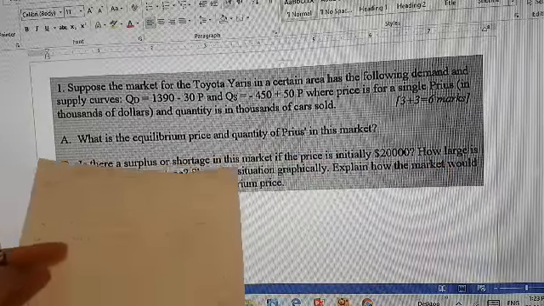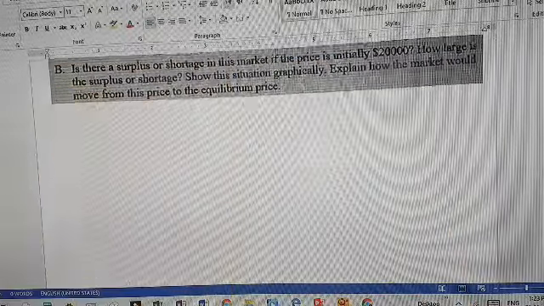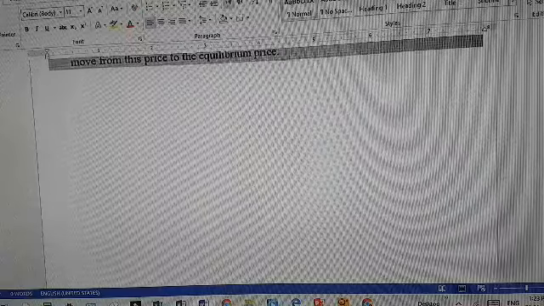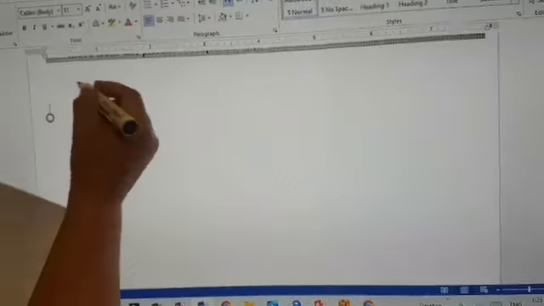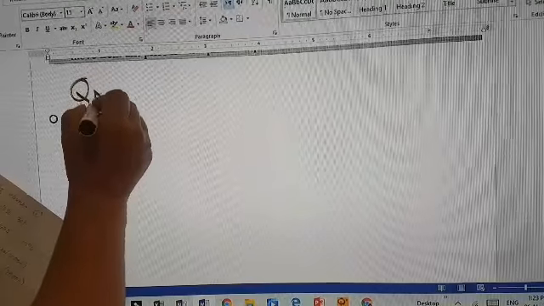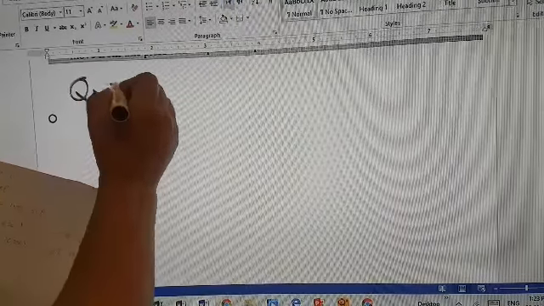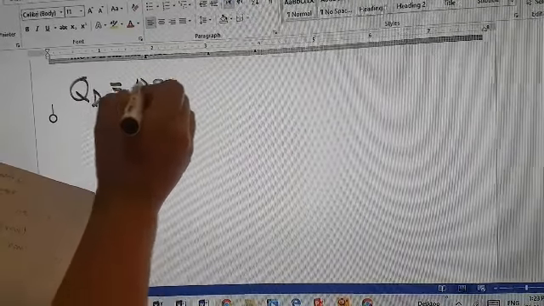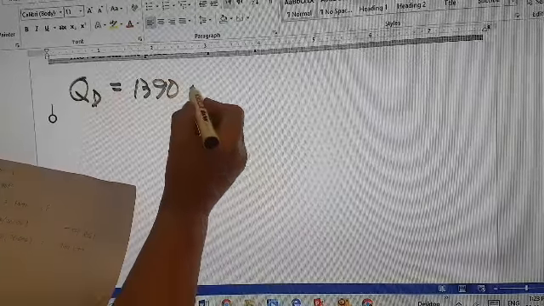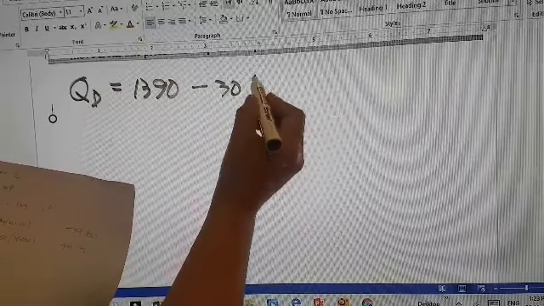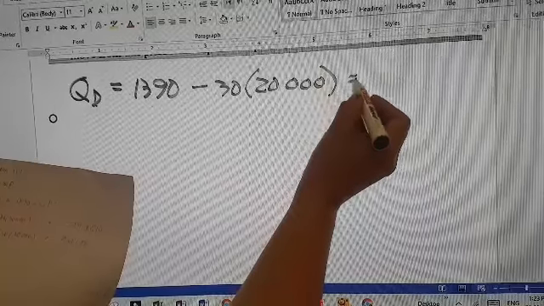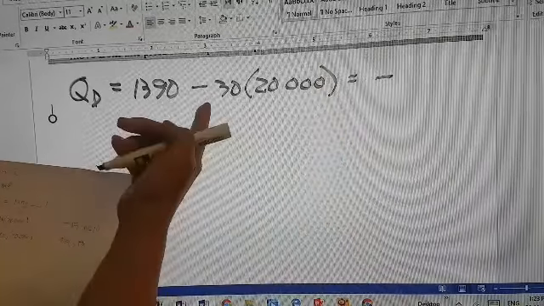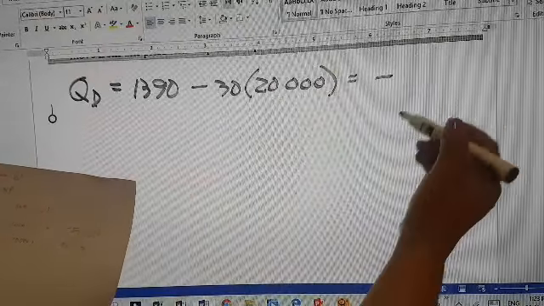Is there a shortage or a surplus? Okay. So the QD formula is 1390 minus 30 times P. So we're going to substitute the 20,000 here, and we get a negative value, because that's the demand. It's going down.